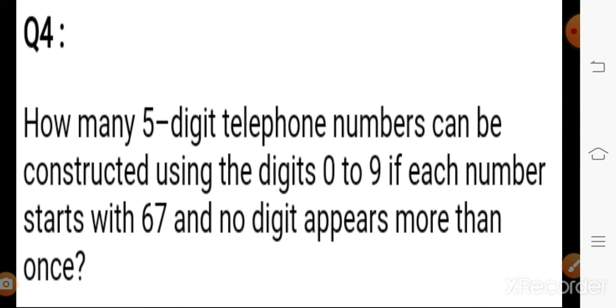Let us solve one more question here. Question number 4. How many 5-digit telephone numbers can be constructed using the digits 0 to 9 if each number starts with 6 7?